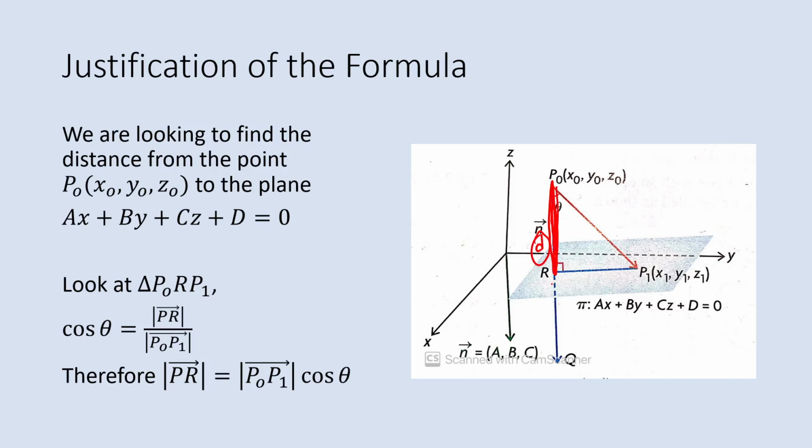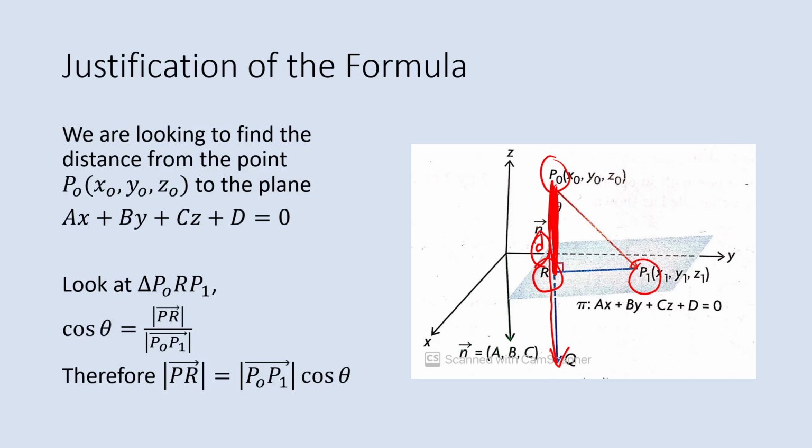Now notice that the plane has a normal of ABC and that this distance d is in the same direction as the normal itself. Okay? And so that'll be kind of significant. Now look at the triangle formed by P naught and R, which is on the plane and perpendicularly from P naught, and P1.